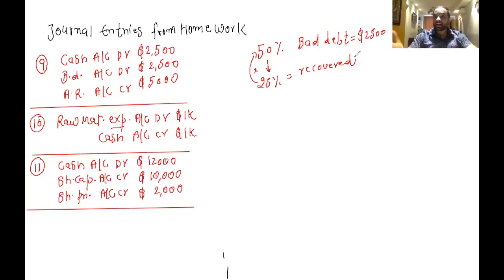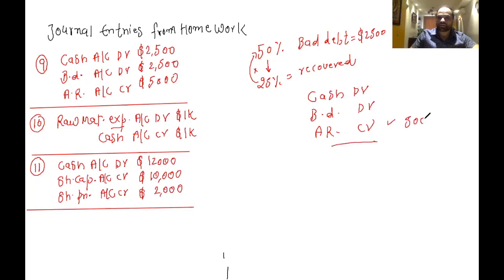Accounts receivable was credited last time already. When your accounts receivable become bad debts, remember, cash debits, bad debts debit, right? And accounts receivable credit already, number 9. Accounts receivable already credit, which is 5,000.